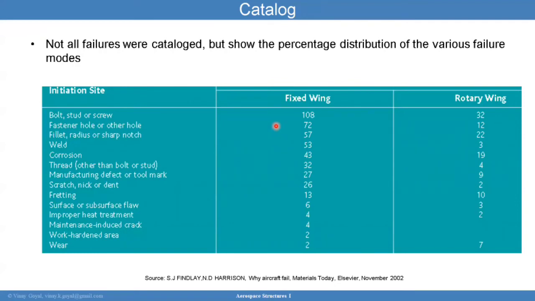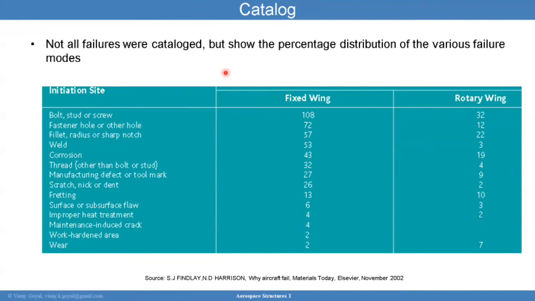Here are examples of failure modes that are cataloged by initiation site, and it shows the percentage distribution of the failure modes that could occur. This chart also came from Why Aircraft Fail.